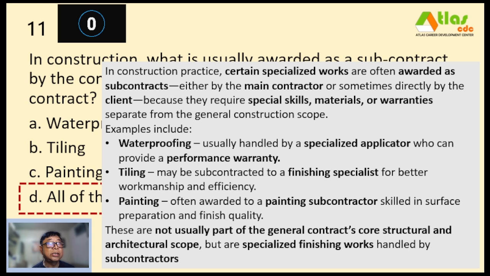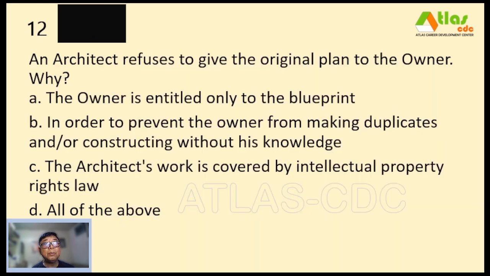Number 12. An architect refuses to give the original plan to the owner. Why? A. The owner is entitled only to the blueprint. B. In order to prevent the owner from making duplicates and or constructing without his knowledge.